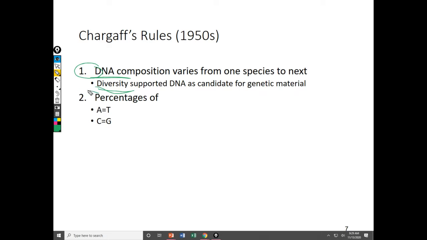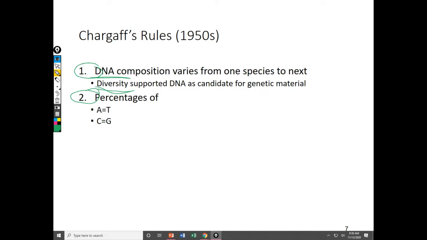The other thing, and the thing he's probably more famous for, is as we started to break down and look at DNA, what he knew is that the percentages of A's, adenines, were equal to the percentages of T's, thymines. Now remember, we didn't actually know what the structure of DNA was. So this was an interesting find, because we didn't know they were bonded together.